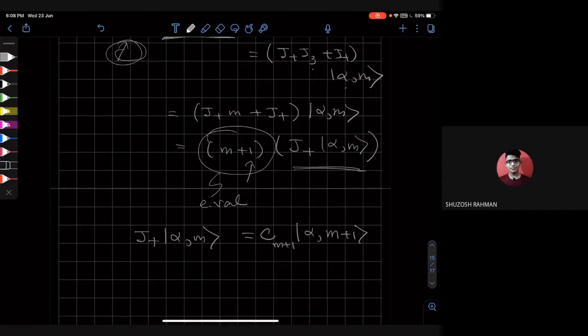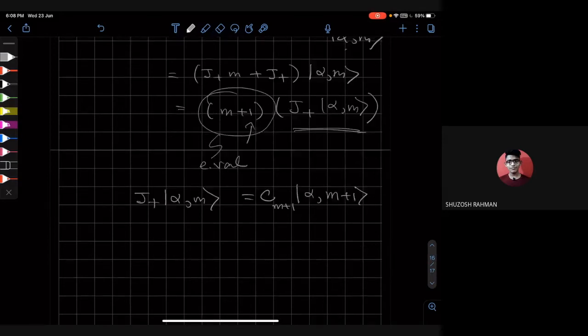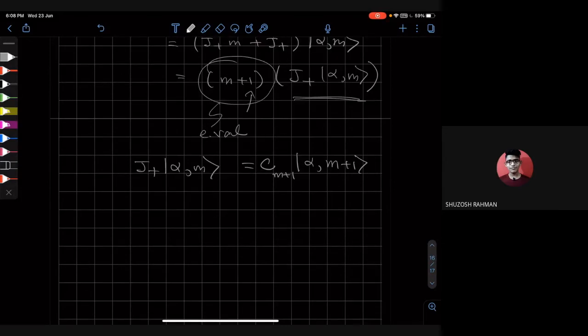We'll figure out what C is. So J plus increases the J3 eigenvalue. Because it increases the J3 eigenvalue by 1, J plus has a name. It's called the raising operator.